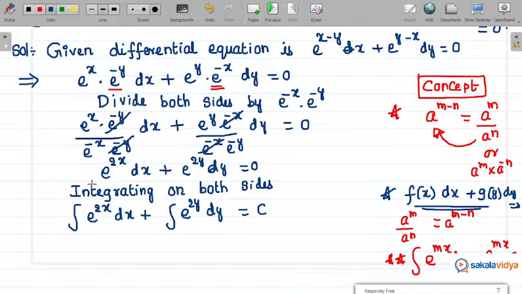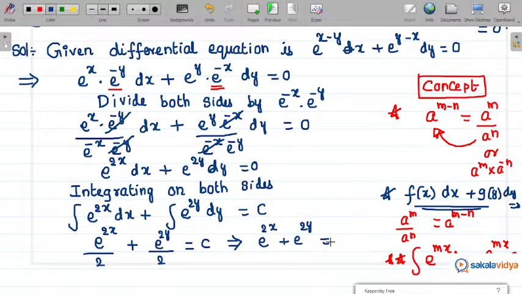So now we can easily write: integral of e power 2x dx is e power 2x upon 2, since the derivative of 2x is 2, plus integral of e power 2y dy is e power 2y by 2, the derivative with respect to y being 2, equal to a constant. By cross multiplication, or multiplying by 2 on both sides, you get e power 2x plus e power 2y is equal to 2c. See, c is a constant, so 2c is also a constant.